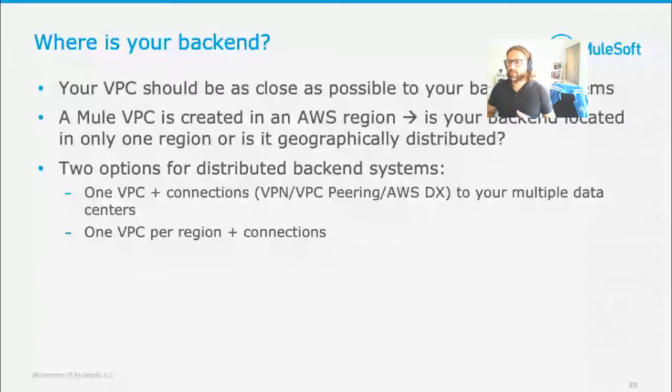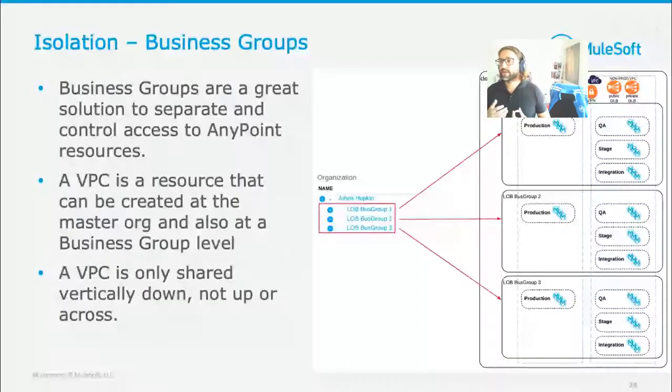There is another consideration for the number of VPCs needed, which is the different groups of applications, APIs, and the level of isolation that we need to provide for each group. At this point, we need to talk about business groups and environments.